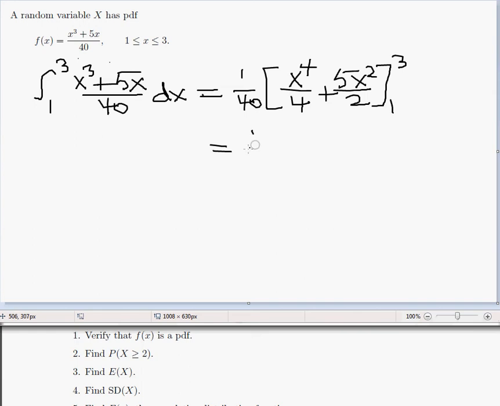So that's equal to 1/40. Plugging in the 3, we get 81/4 plus 9 times 5 makes 45 halves, minus 1/4 plus 5 halves.